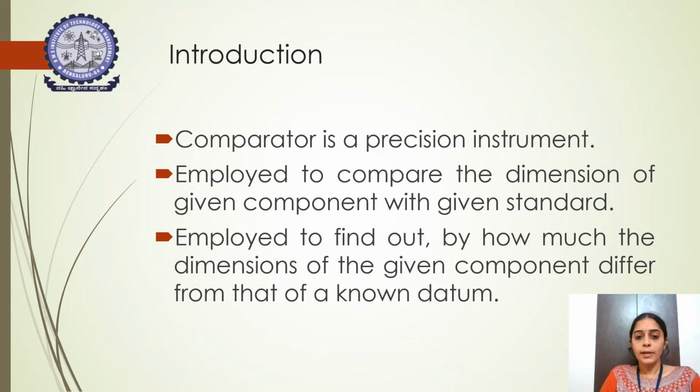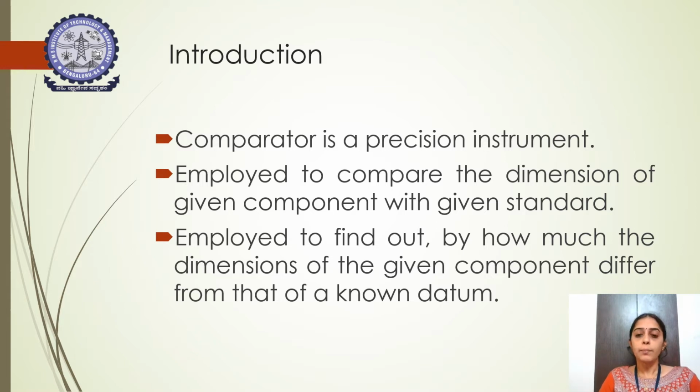So with this background, we can say that a comparator is used to compare the dimensions of a given object or component with a given standard. What do you mean by it? It is employed to compare the dimension of a given component with the given standard.